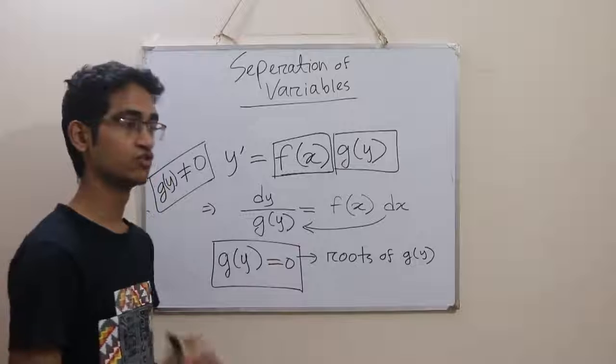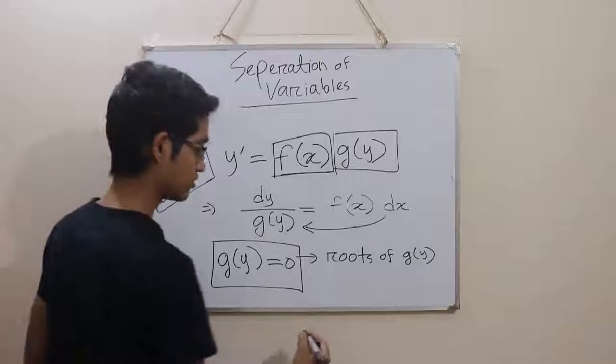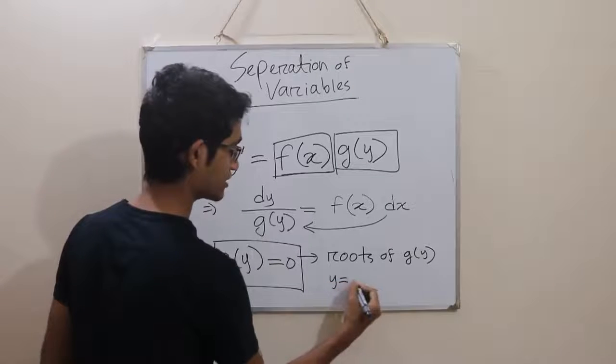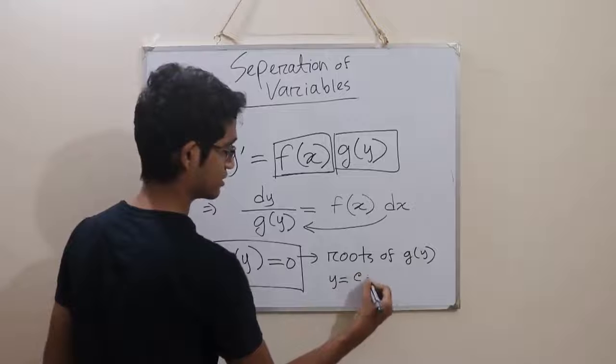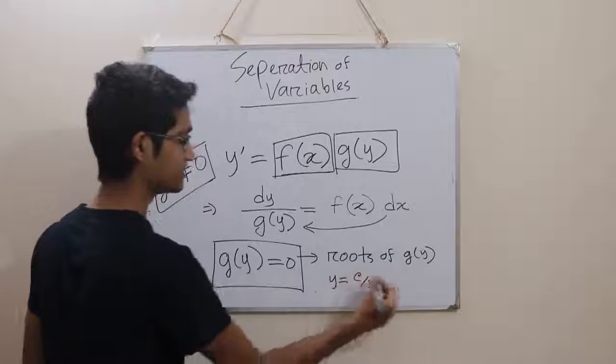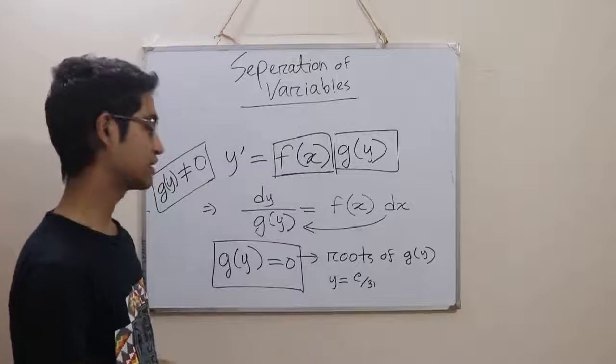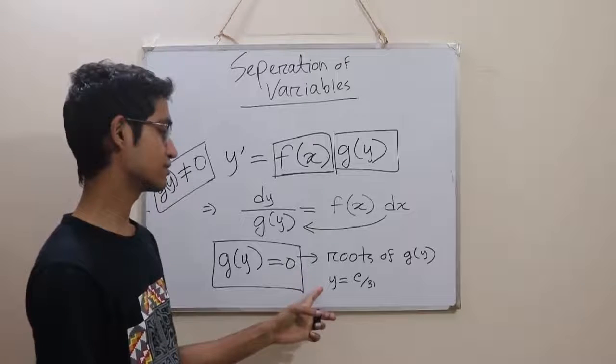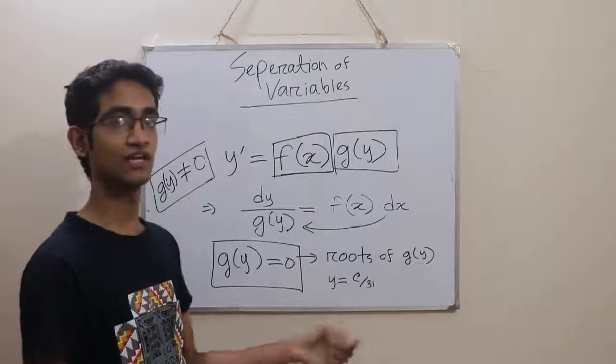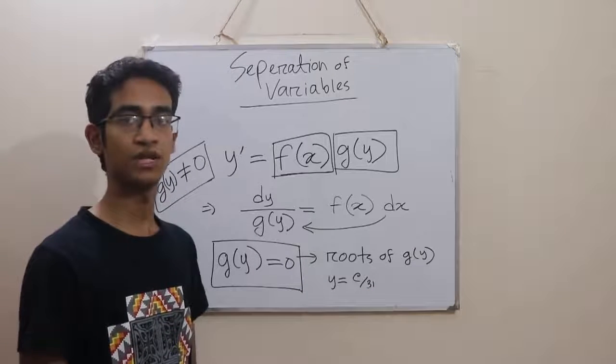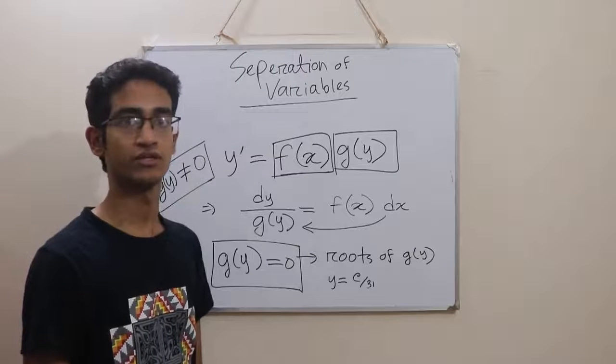then those roots, let's say y comes out to be y is equal to c over 31. This is the root, let's say. Then this is a solution that will get lost when we apply the separation of variables technique.